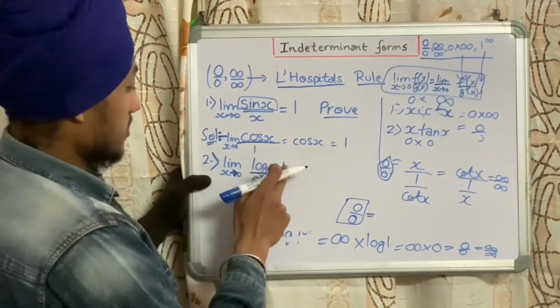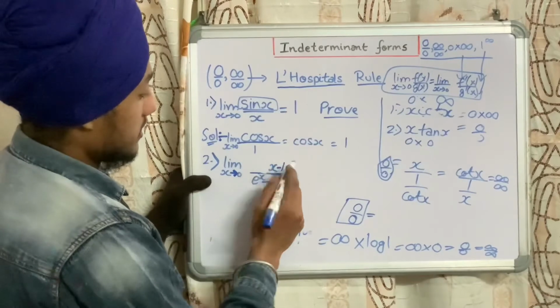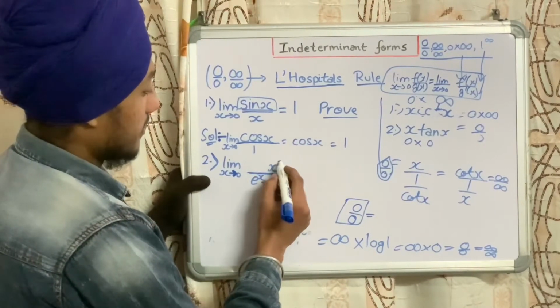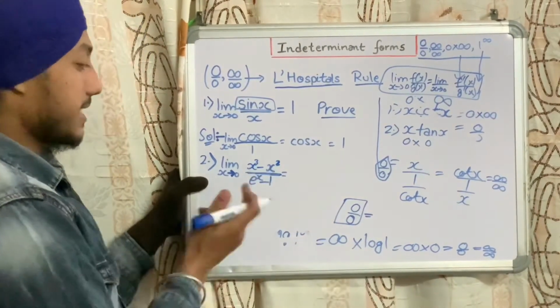Actually, it's not the case, so we have to take 0 here. So this may be the right thing. We can take anything else, like x cube minus x square.